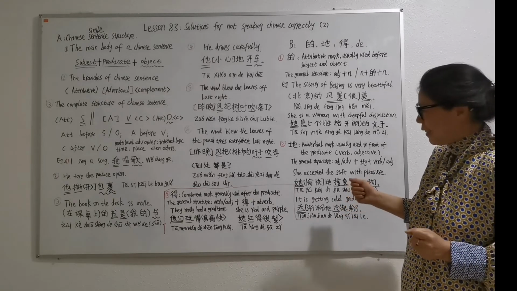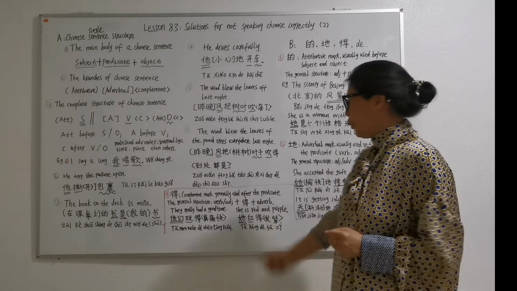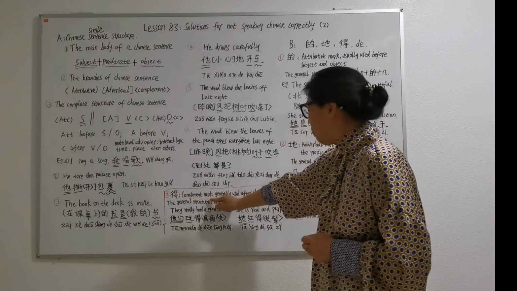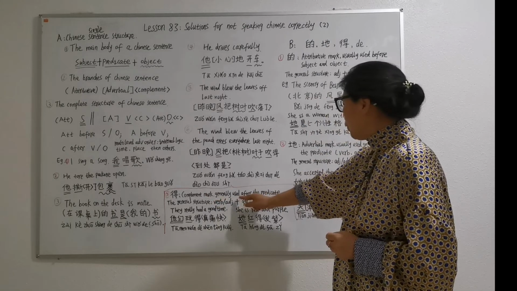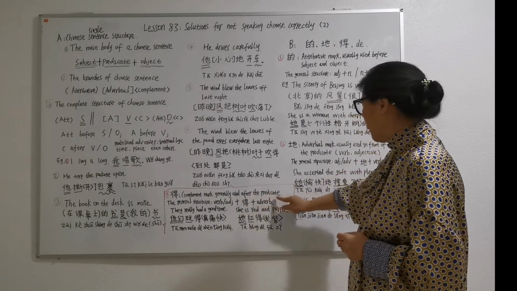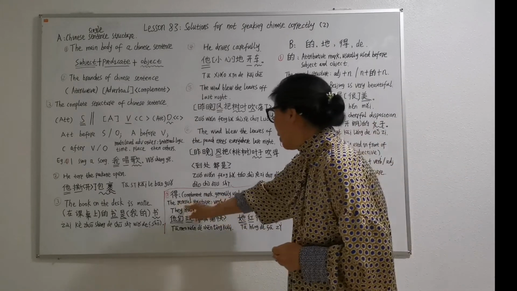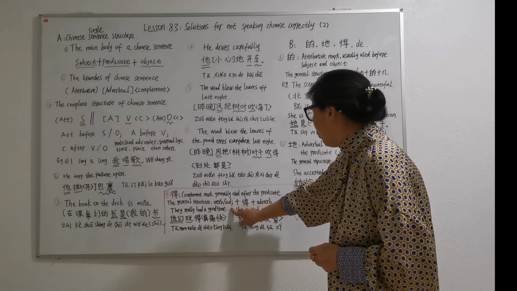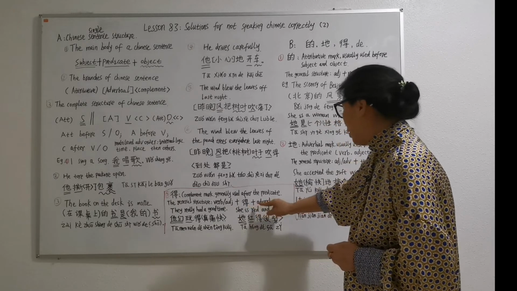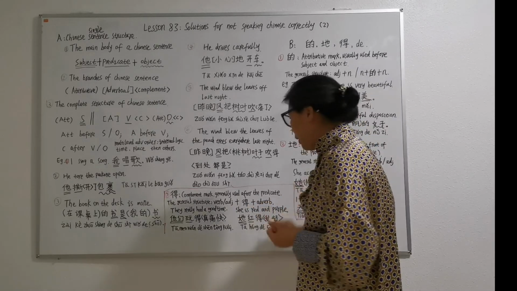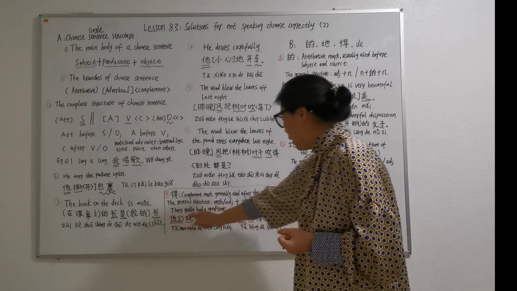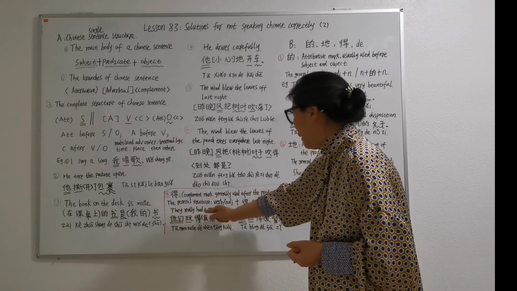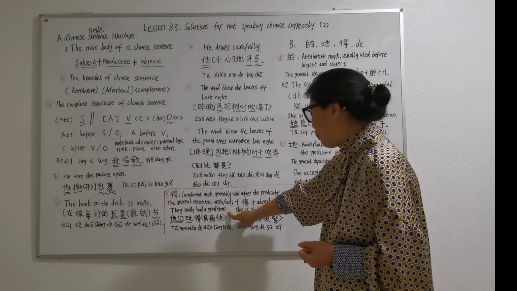Okay, understand? Now we go on to 得. 得 is a complement mark, generally used after the predicate. The general structure is verbal or adjective and 得 and adverb. Okay, now we look at the examples. First, they really had a good time.